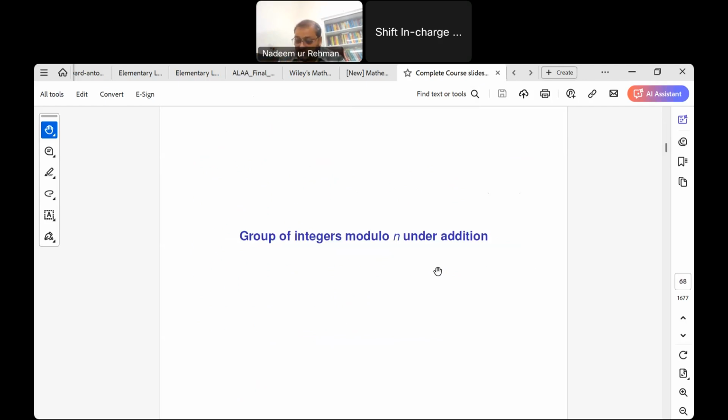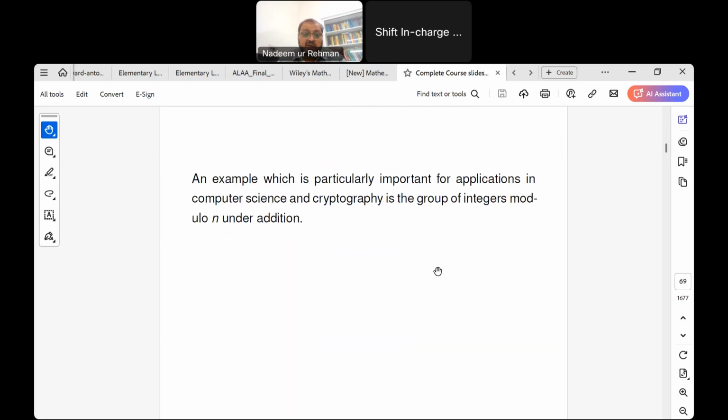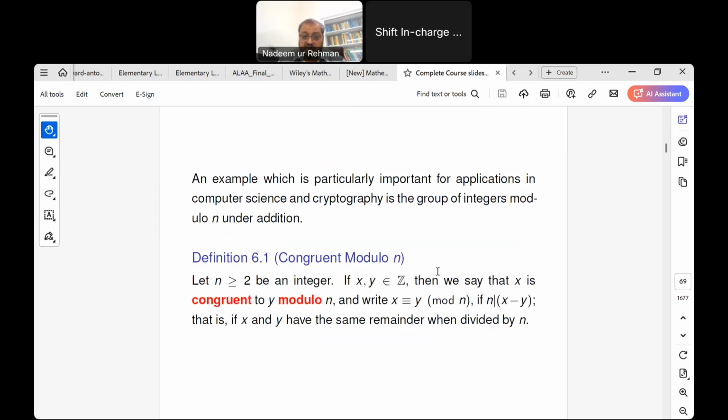Now Z under multiplication is not a group, but we take a special type of group, the integers modulo n, and this has important applications in computer science and cryptography. So, the group of integers modulo n under addition or multiplication. First we define what congruence modulo n is.